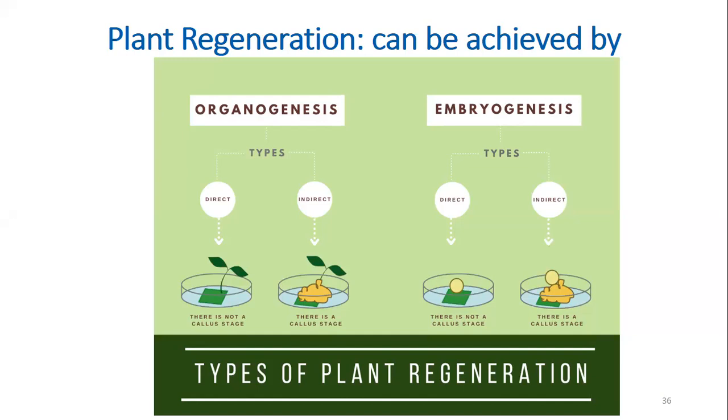The same explanation stands for embryogenesis. When you have the seed and it goes directly to form shoots, roots, leaves without going through the stage of callus formation, then it is direct embryogenesis. But if it has to go through callus formation before the other organs are formed, then it is indirect embryogenesis. I hope we understand this point.